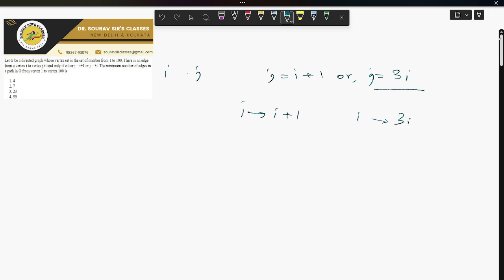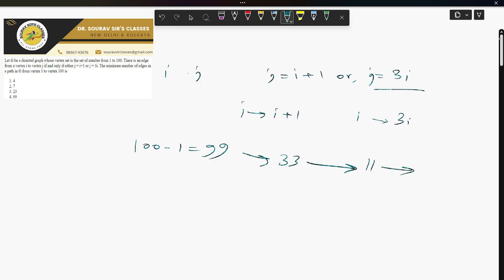So now we are constructing the path. Starting from 100, we apply the reverse operation. As 100 is not divisible by 3, we use the subtract 1, so now we will get 99. 99 is divisible by 3, so we will get 33, then we will get 11.